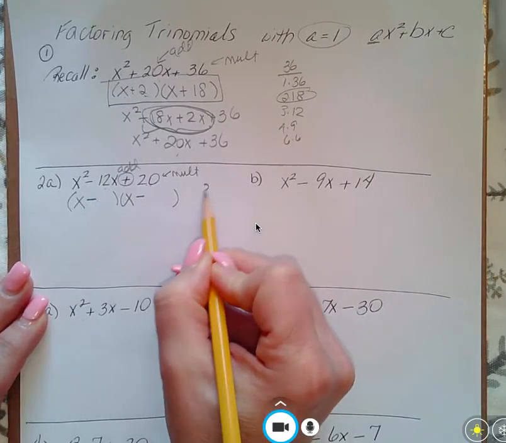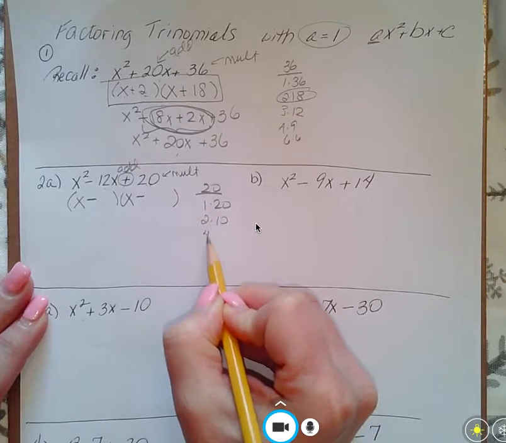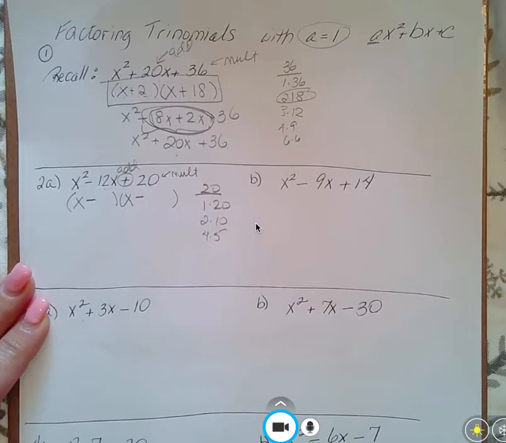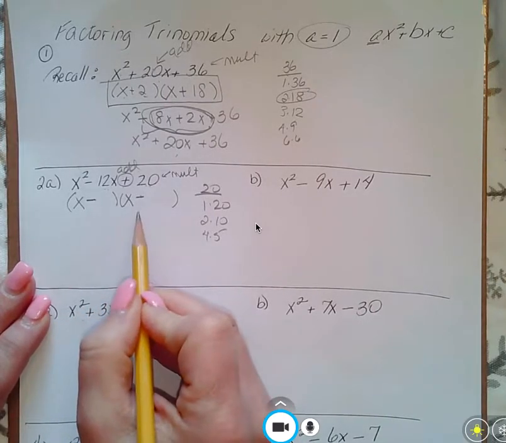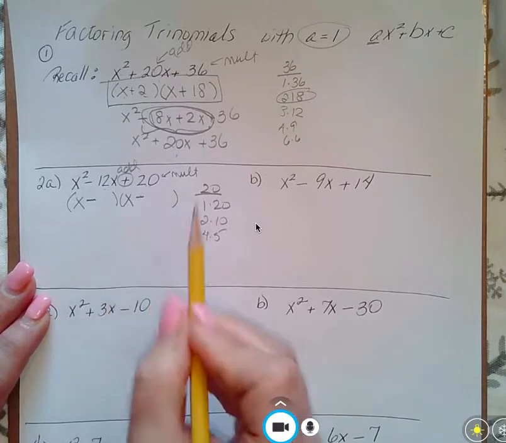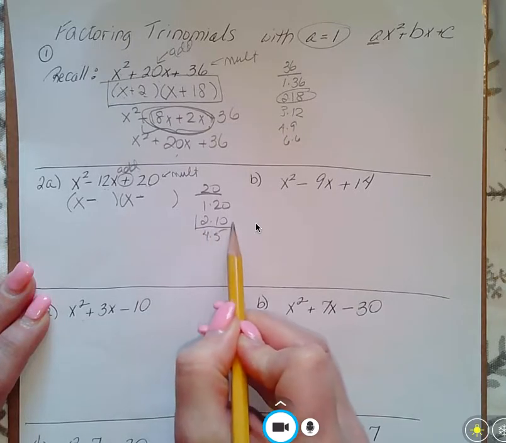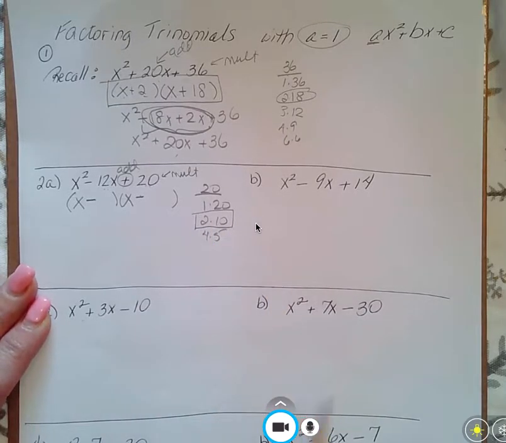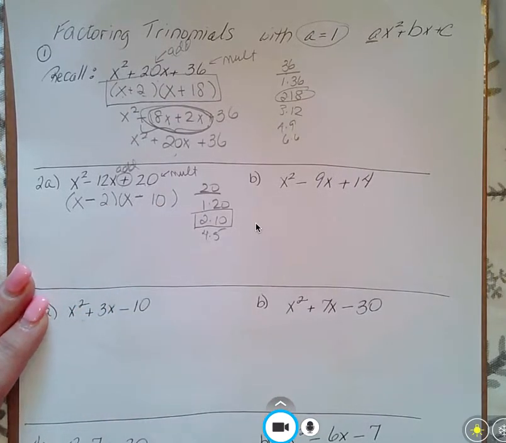Possibilities for 20: 1 and 20, 2 and 10, 4 and 5, and I think that covers all of them. Because they are both negative numbers, when you combine, you are essentially adding the numbers, and if we want to get 12, our pair of numbers is 2 and 10, minus 2 and minus 10.